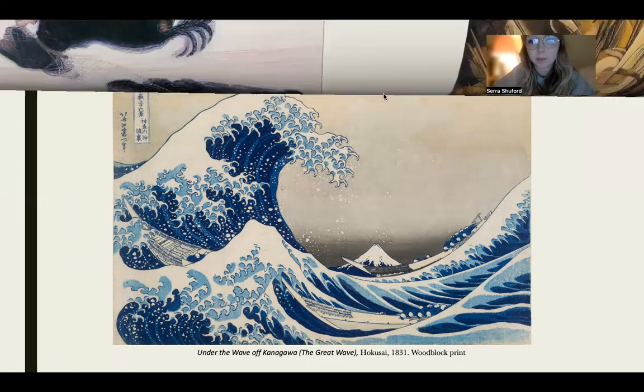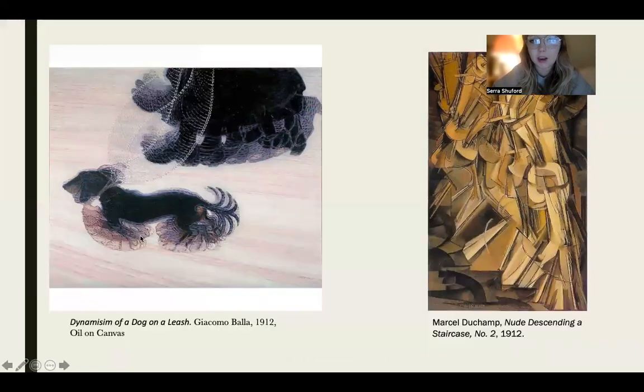Some more examples that we see here. This is Dynamics of a Dog on a Leash. We see that there is this other thing that we haven't seen in the previous examples. We have a still of the dog, and there's a part that's more outlined, more heavy-handed.